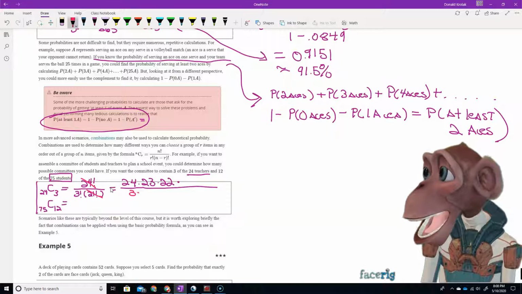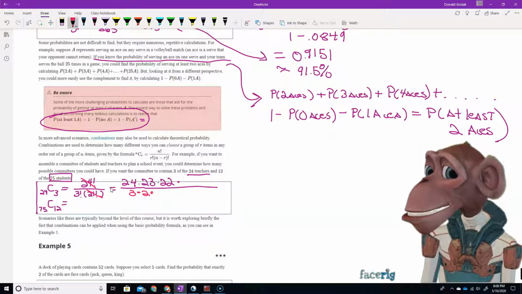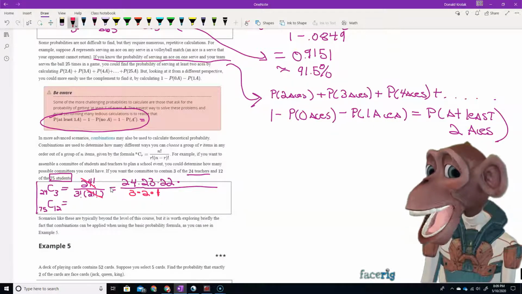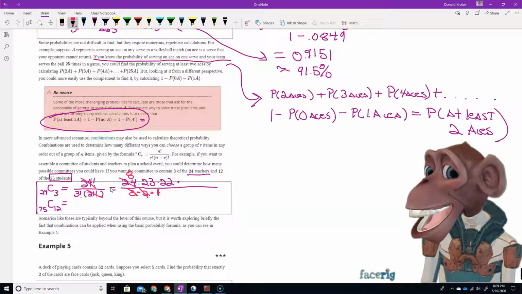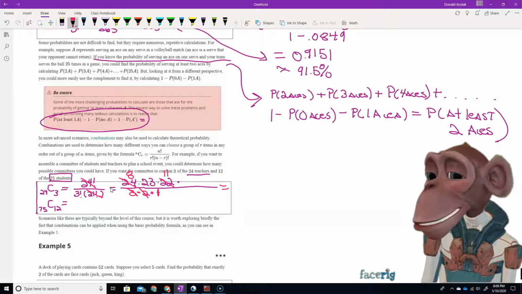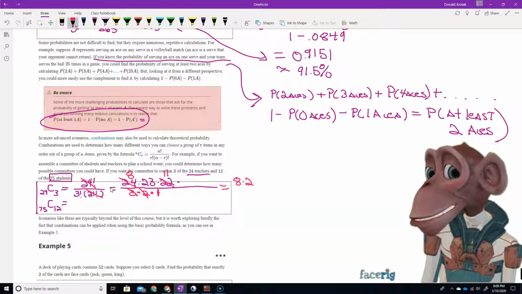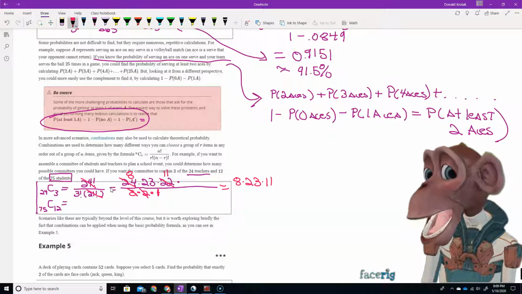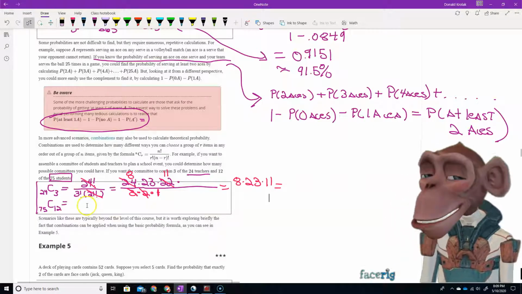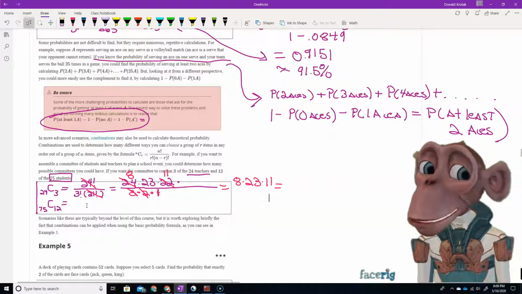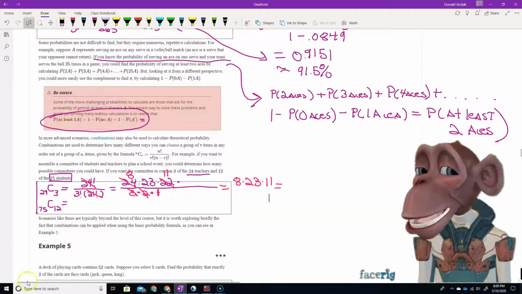Then I have 3 factorial, which is 3 times 2 times 1, and I can do some canceling with that. For example, 3 goes into 24 8 times, and 2 goes into 22 11 times. I'm left with 8 times 23 times 11, and that would be the number of different ways I could group 3 out of 24 teachers.